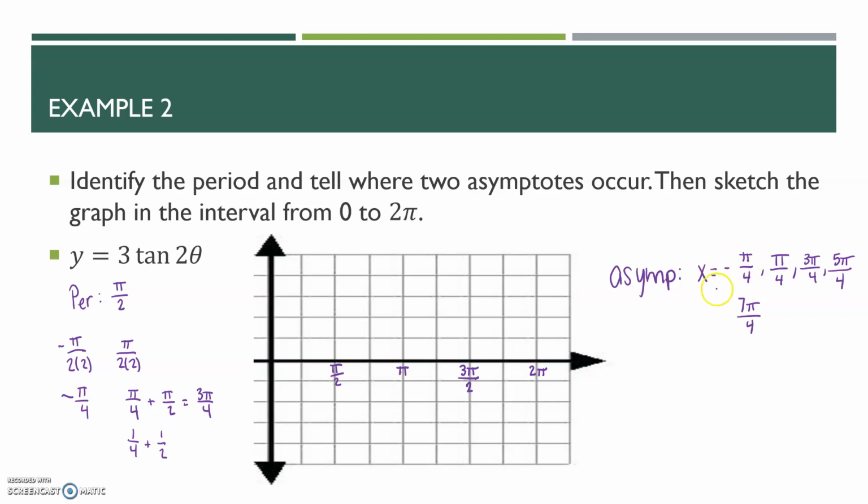We're not really going to worry about the negative ones right now, but if you give me that equation, that would count as one of the asymptotes. So I need an asymptote at pi over 4 first. So that's halfway between 0 and pi over 2. Again, I'm thinking of this as a fraction. So between 0 and 1/2, halfway is 1/4. So there's 1, here's another, because I had 3 pi over 4, 5 pi over 4, and 7 pi over 4.